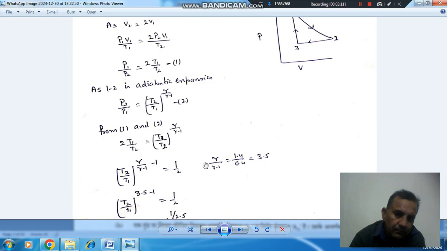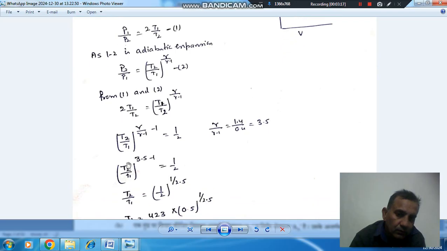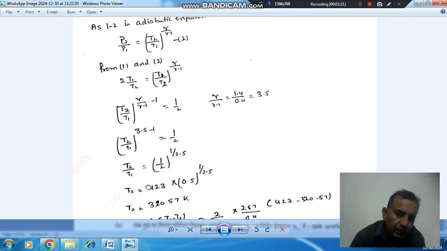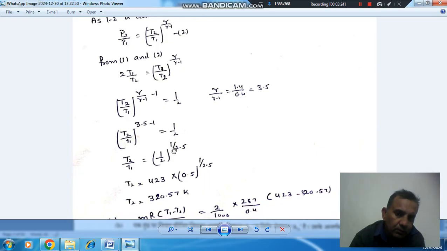Because gamma for air is 1.4, gamma by gamma minus 1 is 3.5. So T2 by T1 is 1 by 2 raised to power 1 by 2.5.